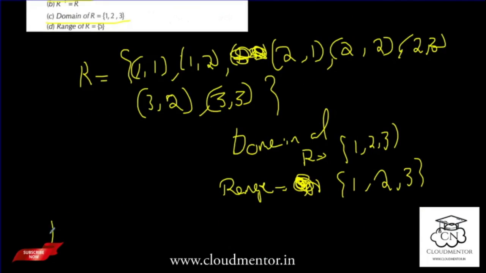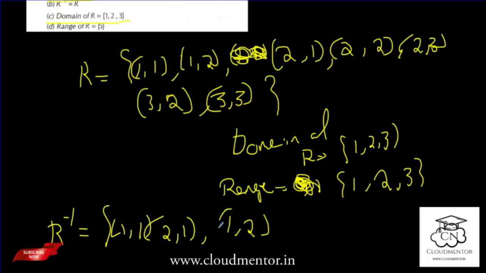R inverse is just the opposite, that is 1, 1, 1, 2, 2, 1, 2, 2, 3, 2, 2, 3 and 3, 3.